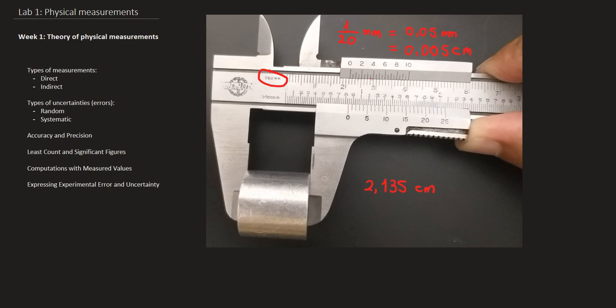So in order to take into account that I may commit a mistake, I need to add something here. The something which I will add here is known as the uncertainty. So here we have a number, which I will call delta x, measured in centimeters.